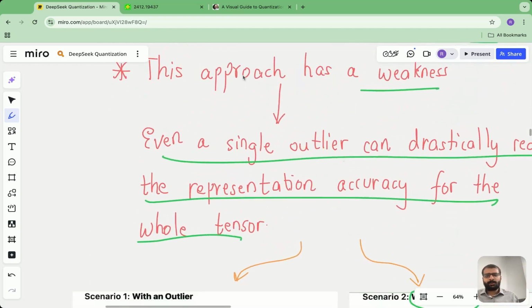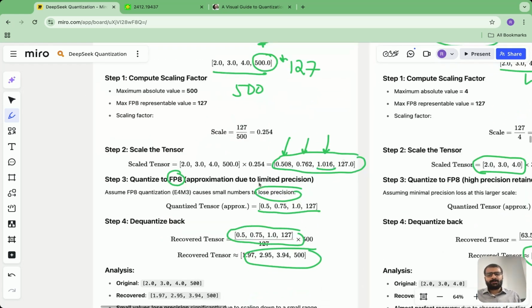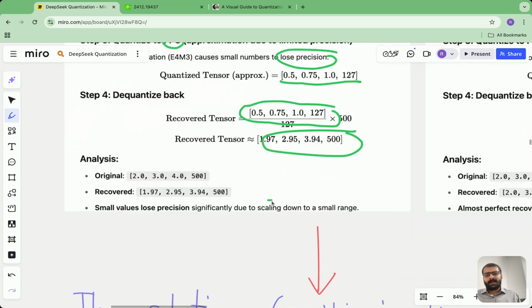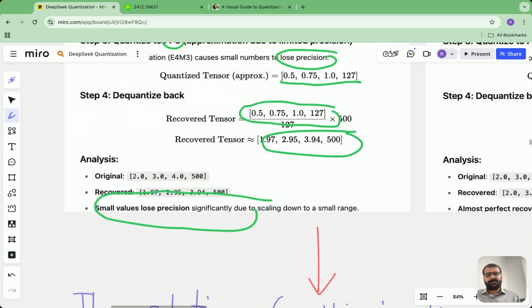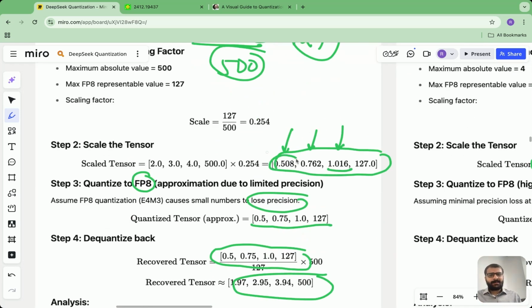So in the current approach, we take all of the values and divide them by the largest possible value. That leads to this major issue that smaller values can significantly lose precision. 2, 3, and 4 are much smaller compared to 500. So when you divide all of these by 500 and then multiply with 127, you cannot represent 0.508, 0.762, 1.016 as floating point 8.